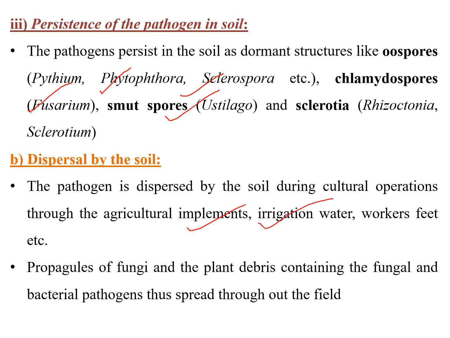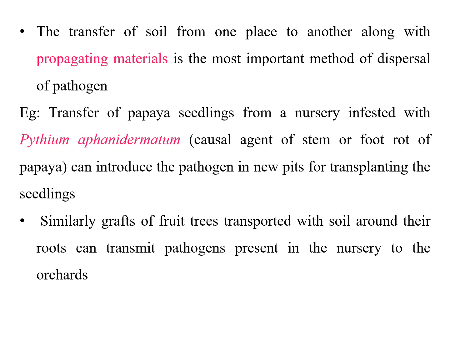Means when we take agricultural implements from one place to another, or while doing normal cultural operations, the pathogen-containing soil attaches to these implements and moves from one place to another. And propagules of fungi and plant debris containing fungal and bacterial pathogens also spread throughout the field. This is dispersal by the soil.